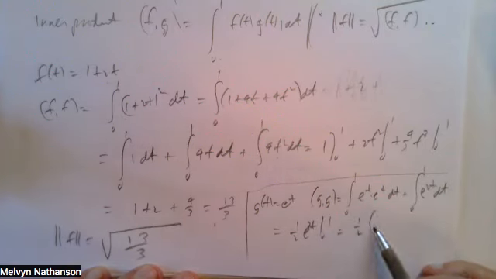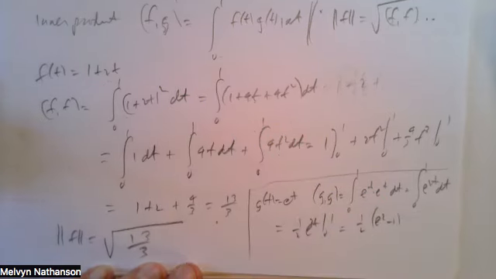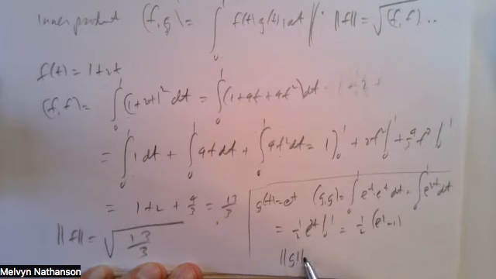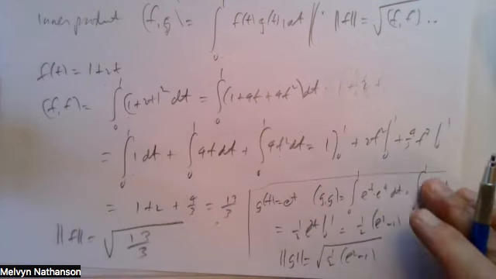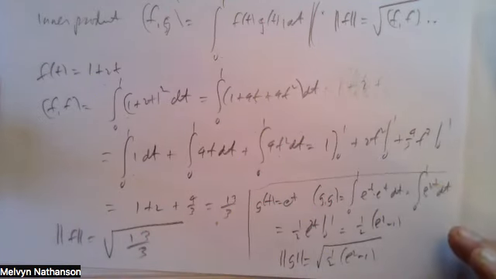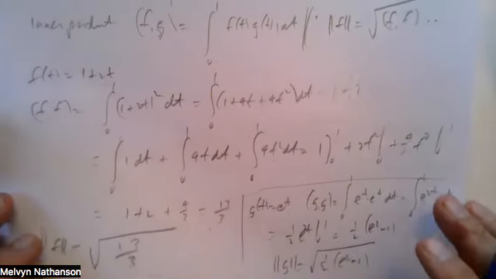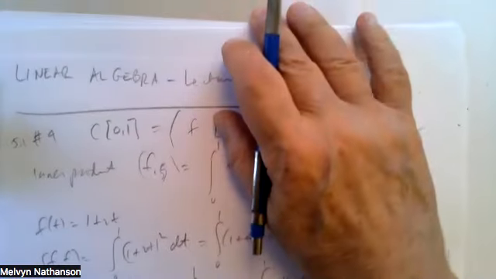That's 1/2 e squared minus 1. So the length of g is the square root of 1/2 e squared minus 1, and so on. And again, for h you're integrating the cosine squared. So you might have to go back.